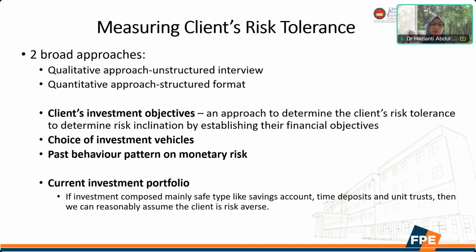So you can see if the client mainly has investments like savings accounts, unit trust, deposits, and then we can assume that the client is risk averse compared to clients who invest more in, for example, the share market. So they are more risk taker compared to clients who like to save in unit trust or savings account.